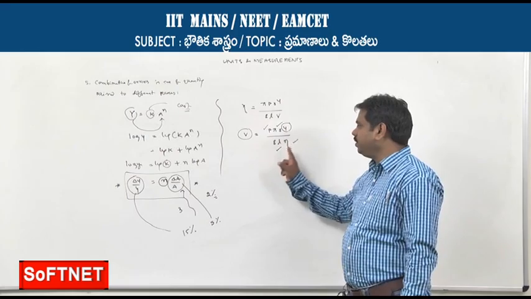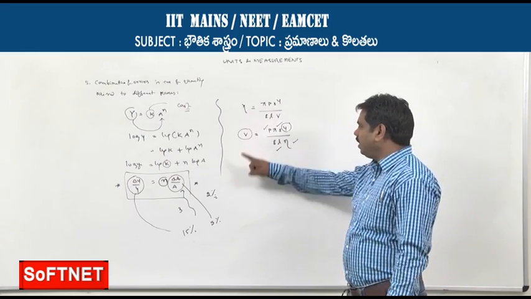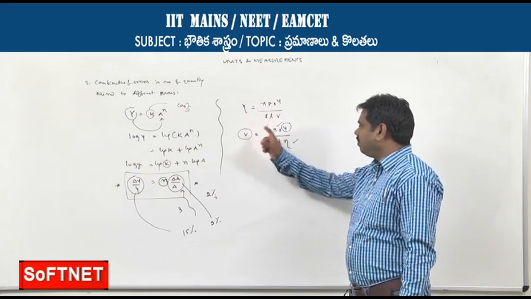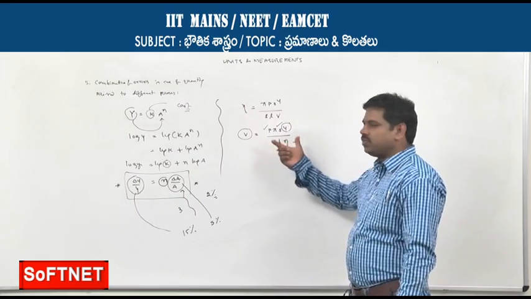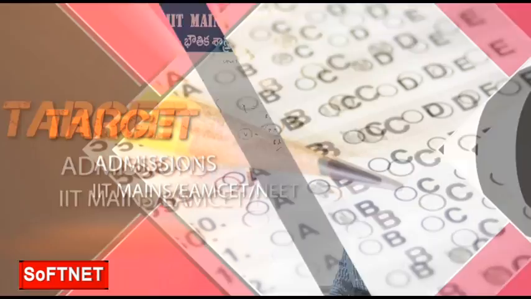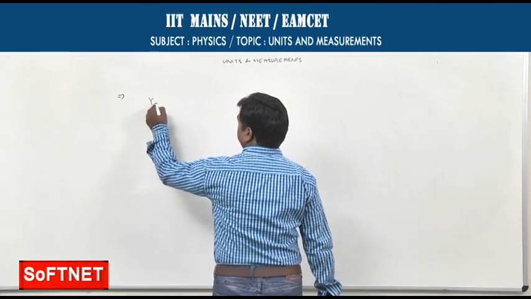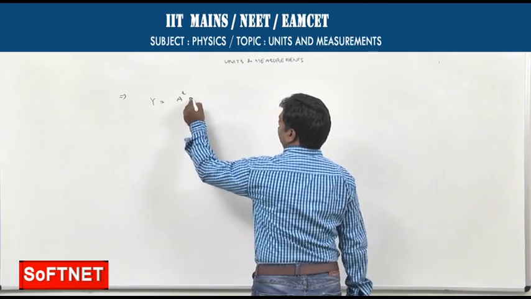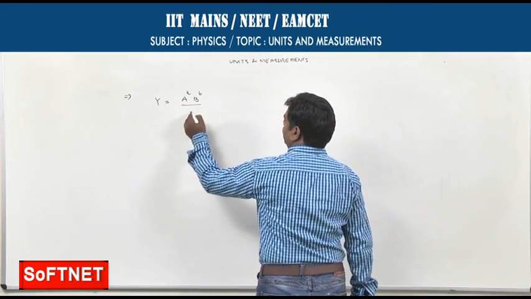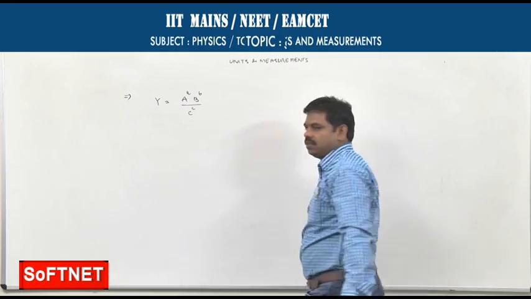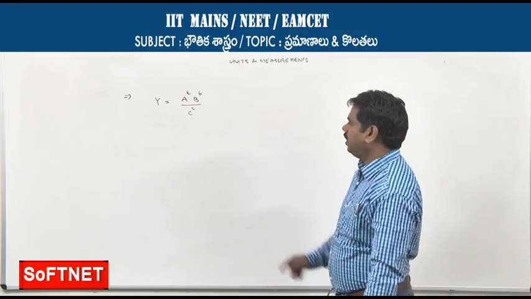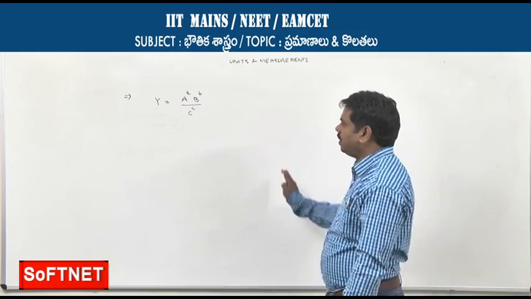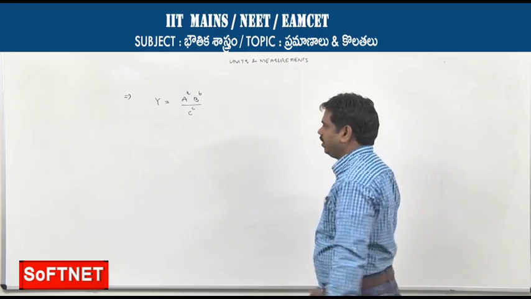So care should be taken while measuring the different physical quantities when they are raised to certain powers. For example, y is measured as a power a, b power b, and c power c, like this with this equation. Then how to find out the relative error or percentage error in measuring y?